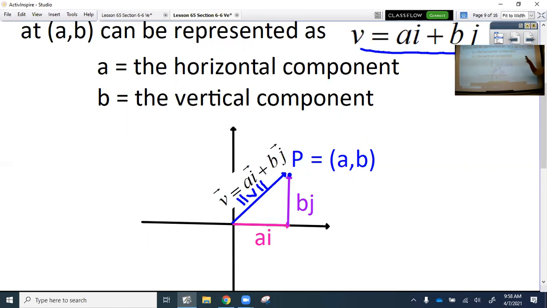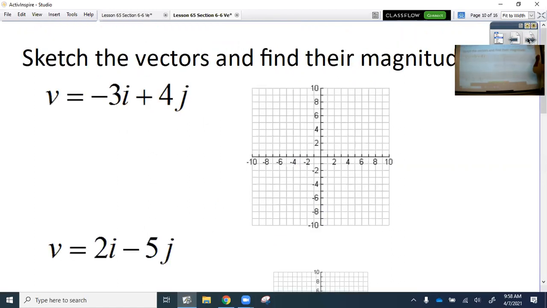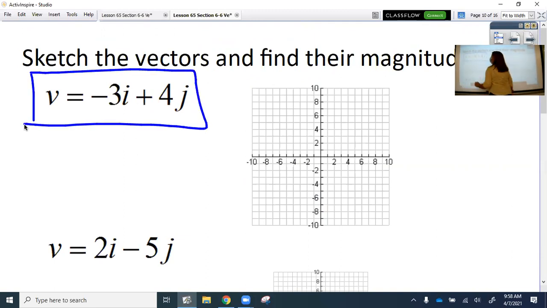All right, so that looks weird. So let's put some numbers in it and, right next to that drawing, give yourself a drawing with numbers. All right, here you go. Write down for yourself so that you have an example of, hey, okay, this isn't as scary as it sounds. Write down V equals negative 3I plus 4J.